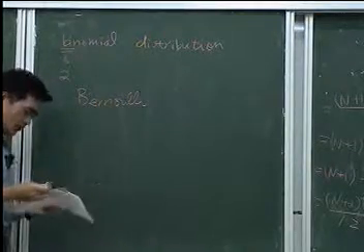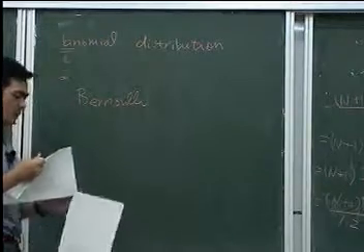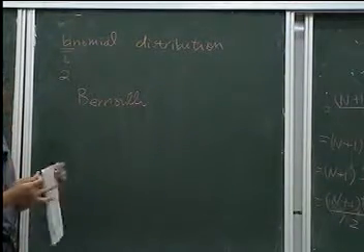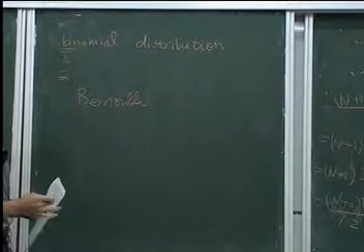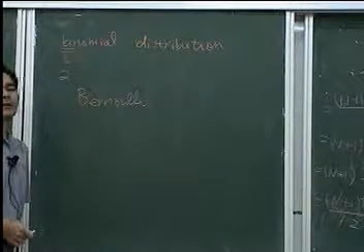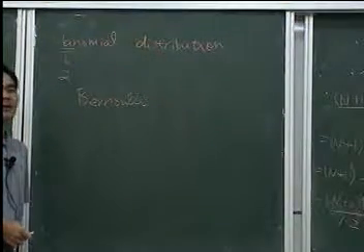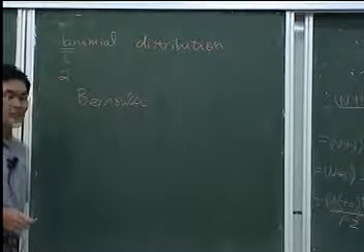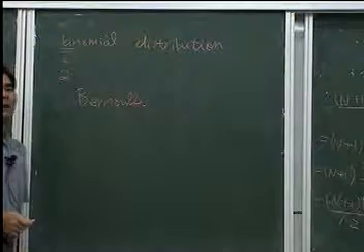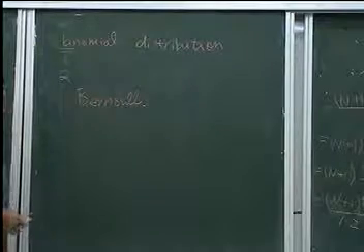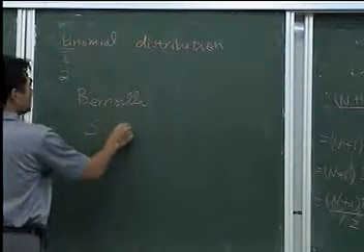And so we have a Bernoulli trial. Basically, a Bernoulli trial means that you do an experiment, and in this experiment, there are 2 kinds of possibility. Oftentimes we say success or failure.